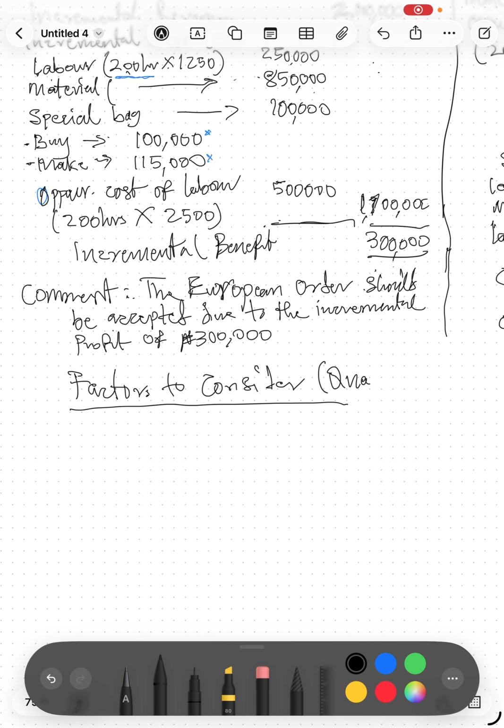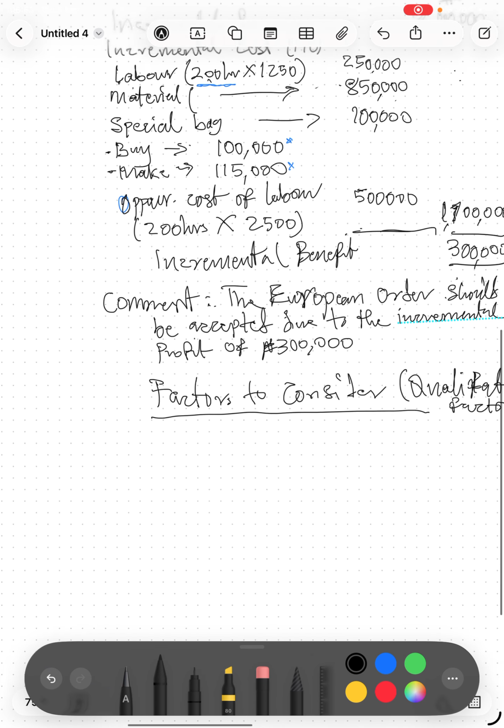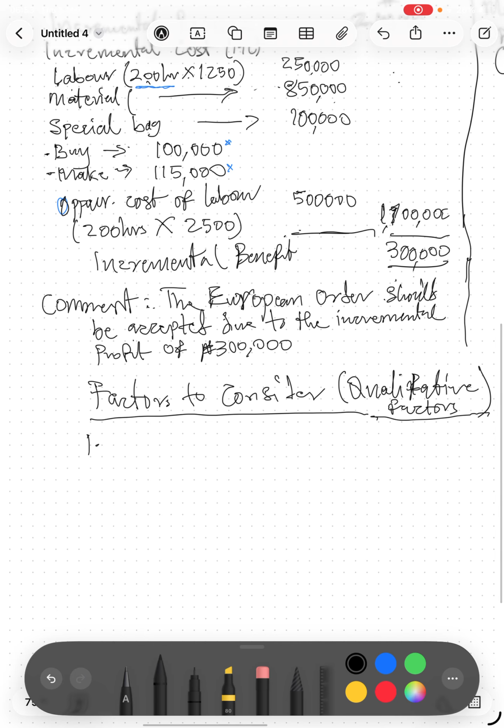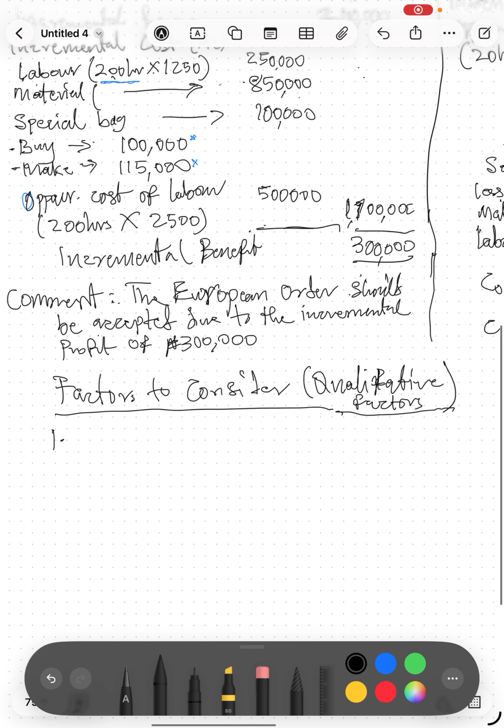Now this is the qualitative factors we should consider. For instance, if we accept, what are the factors we should consider even while accepting this contract? Here two people might be writing two different things. It doesn't matter. Whatever you are writing, you should be able to address the question we have in front of us. So it should be directed to the question you are treating.